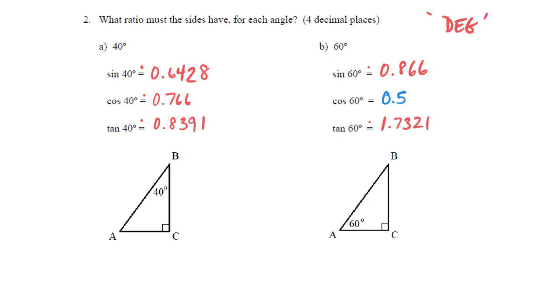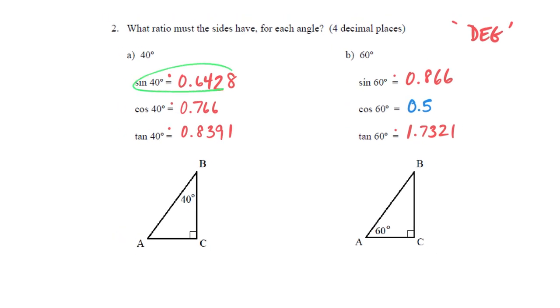So what I want to do now is zero in on that sine of 40. I could have used any one of these trig ratios. When I calculated the sine of 40 degrees, I got 0.6428. That was a decimal. Well, numbers can take other forms.